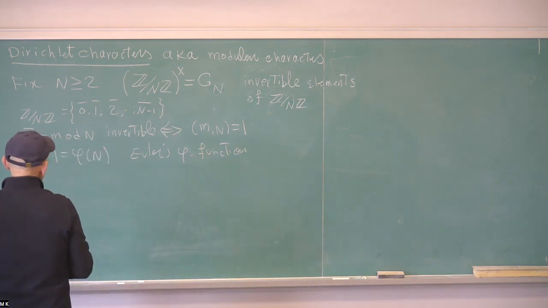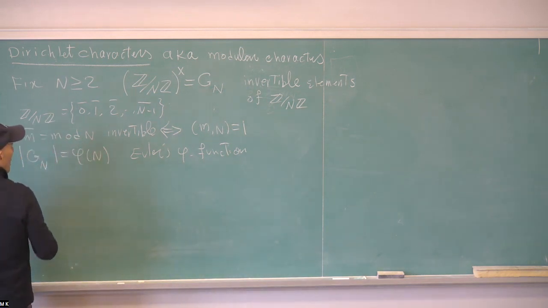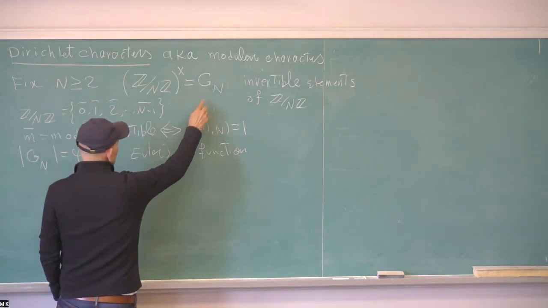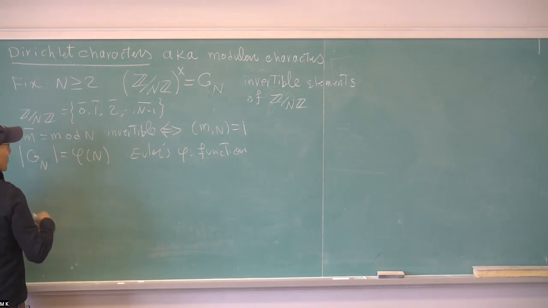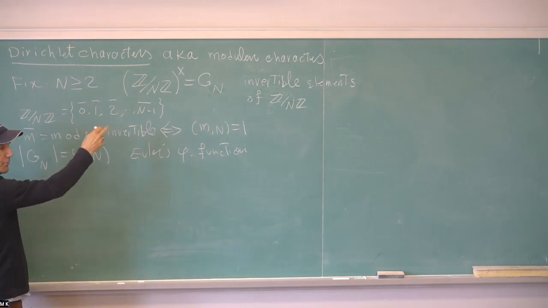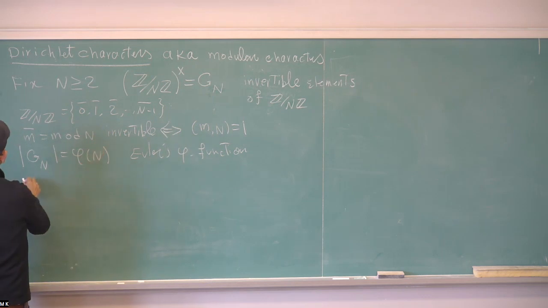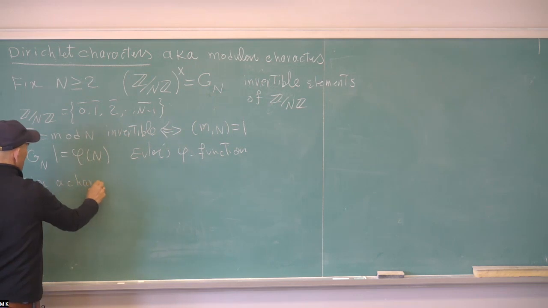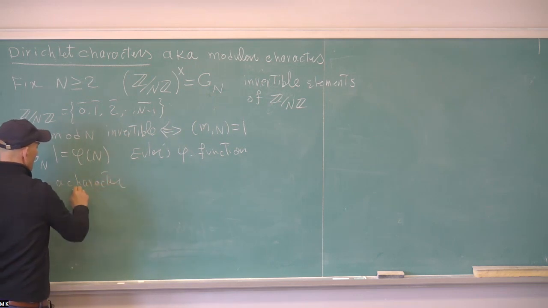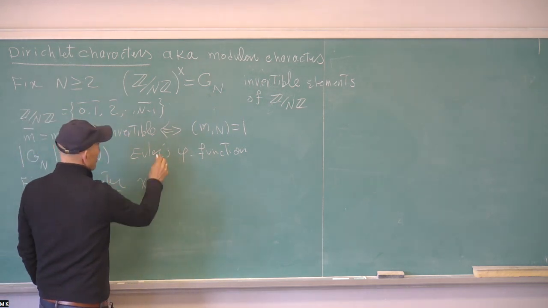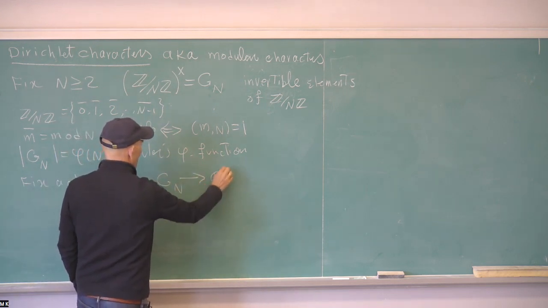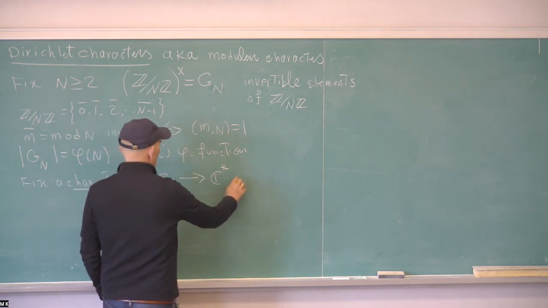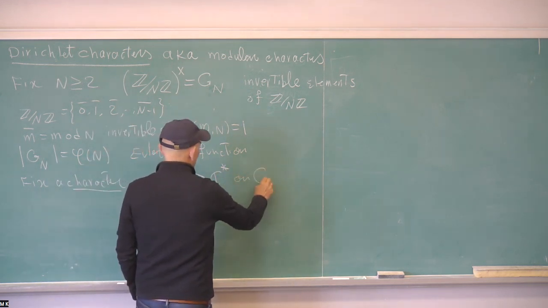Okay, now, this is a finite abelian group. And so by Dirichlet character to start with, we mean a character of this group in the usual sense. So fix a character chi from Gn to C star on Gn.